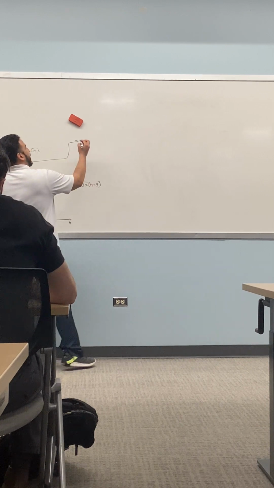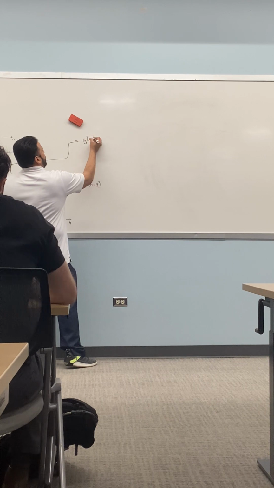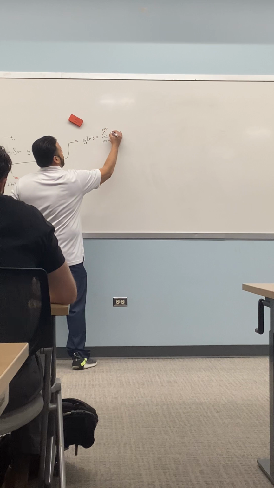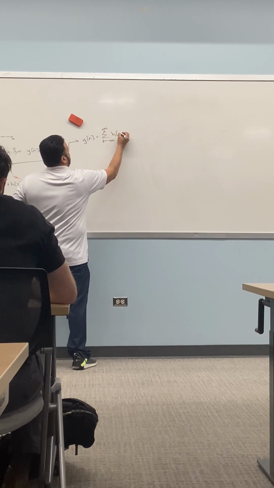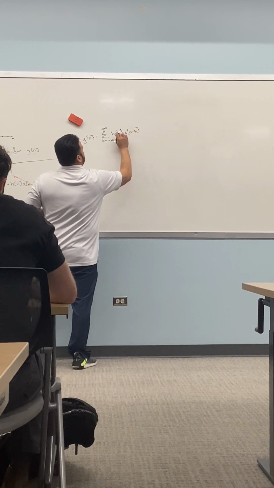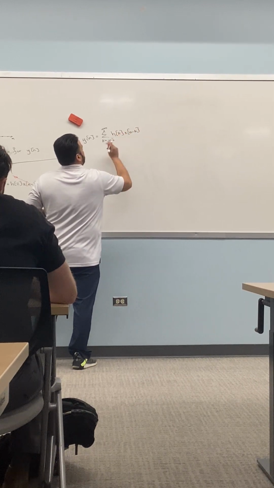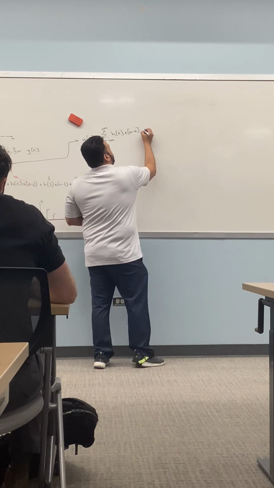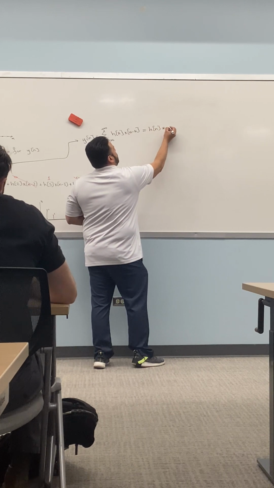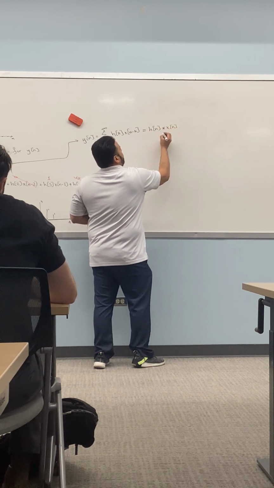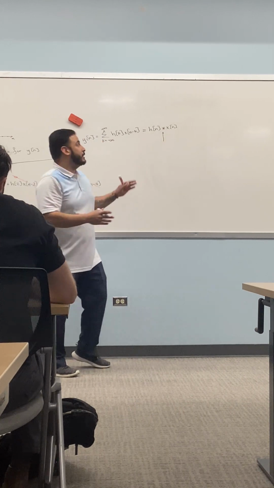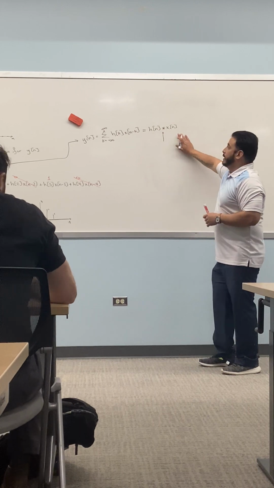The true form of convolution is y of n equals the summation from k equals negative infinity to infinity of h of k, x of n minus k, which is rewritten as h of n convolved with x of n. And this is where you'll see it's not a multiplication, it's just an asterisk, and it just means convolution.